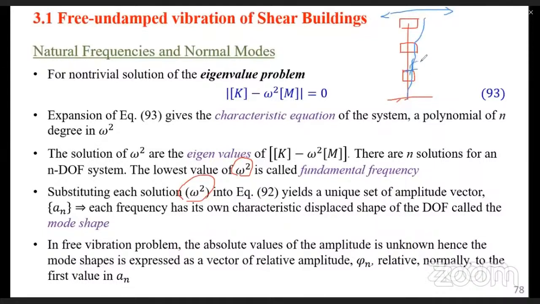For each level, we have the maximum displacement A1, A2, and A3. Remember U1, U2, U3 vary at different times, but we are saying U maximum is equal to A, the maximum amplitude. This is the first mode.